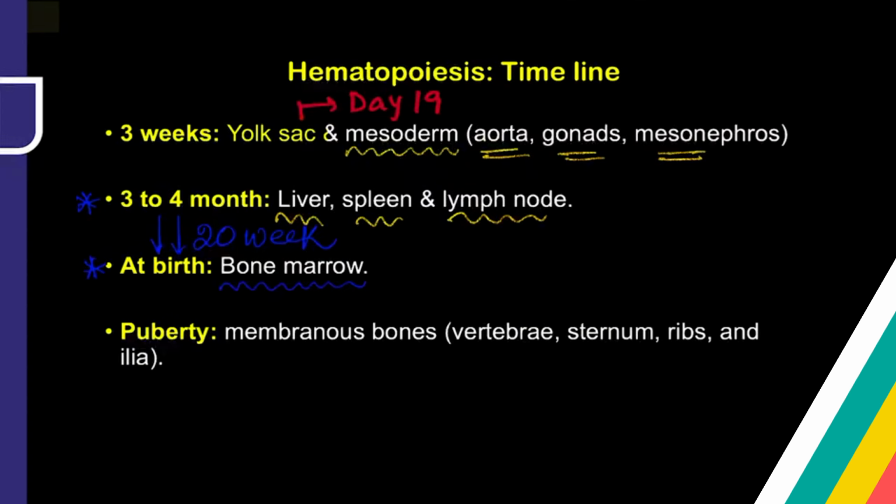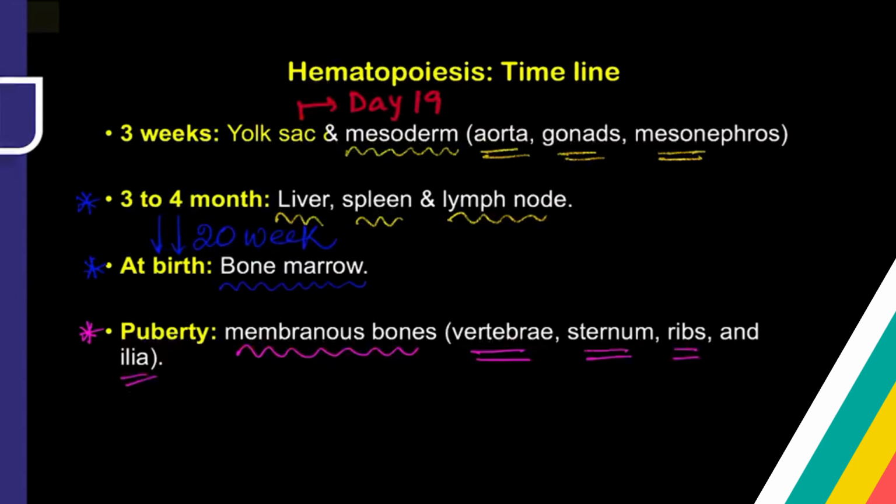Most of the long bone marrow is converted into fatty tissue, because of which the long bone loses its hematopoietic activity. After puberty, hematopoiesis only continues in membranous bones in our body, that is vertebra, sternum, ribs, and iliac bone, right? This information has been beautifully depicted in this diagram, which I have taken from Wintrobe's textbook.